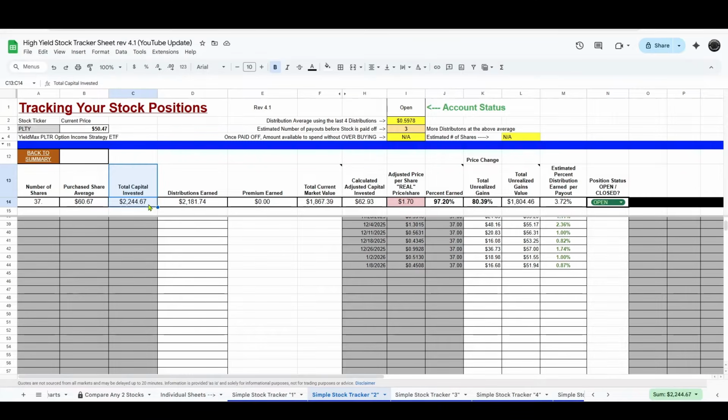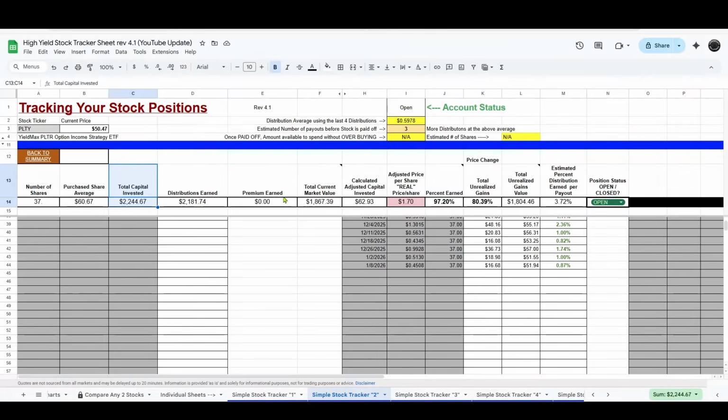Therefore, PLTY would have paid me back for all the money I've spent to buy those shares, and then all those distributions from that point on would be a gain. Because until I make more in distributions than I've actually invested, I'm not making anything off of it, right? I'm earning distributions, but if I've still paid more than I've earned, I'm not making anything.